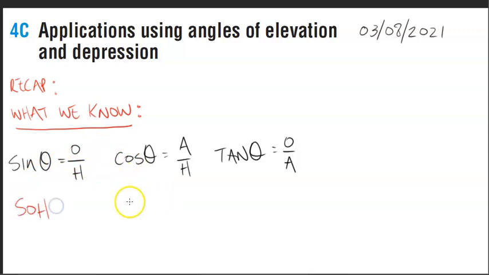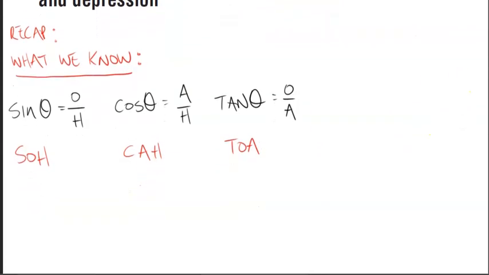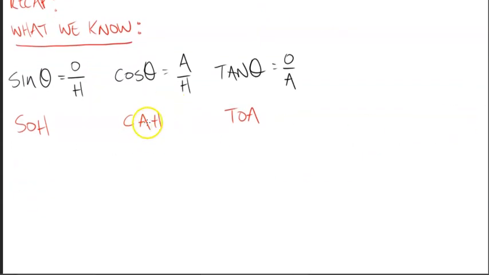So SOH CAH TOA is a little chant or saying that we use in order to remember which identity we should use in relation to the angle. You can always have this written down at the top of your page. I used to do that when I answered these types of questions in school, all the way to university. So SOH CAH TOA, really helpful. So what we do know are these trigonometric identities when solving for a line.